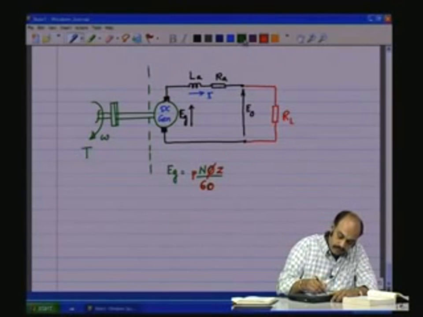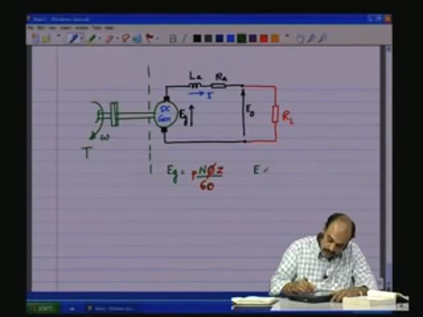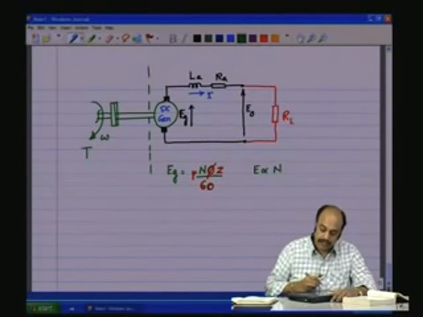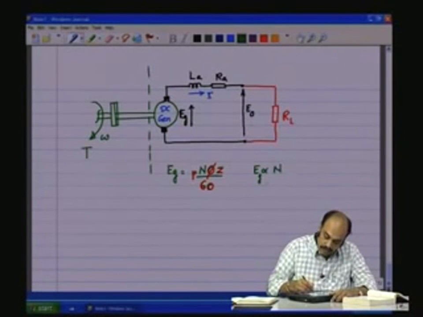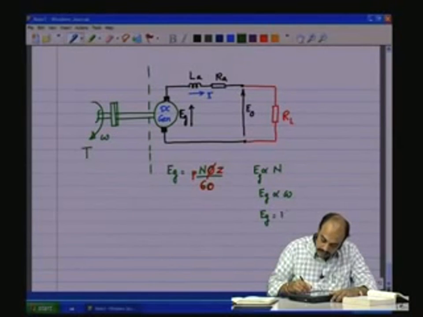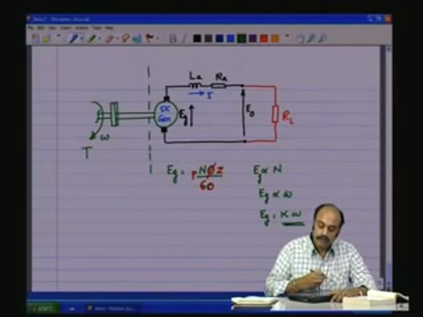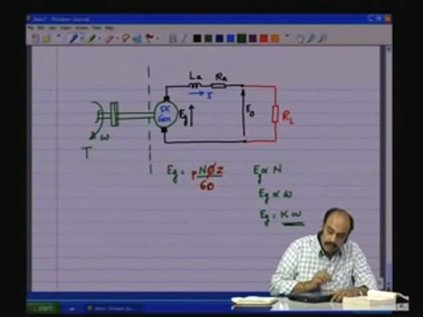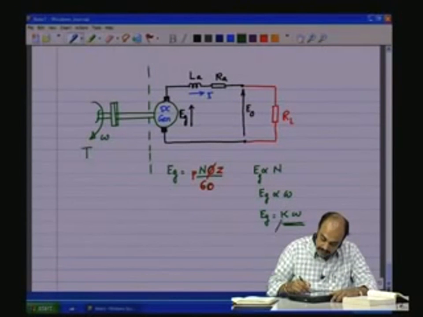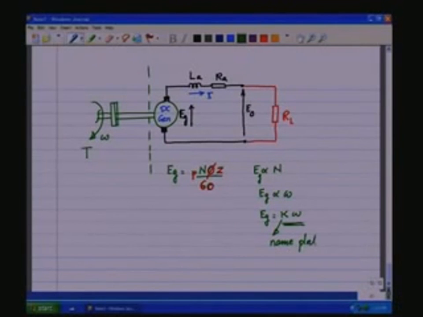So, therefore, E g is proportional to the speed of rotation n, or E g is proportional to omega in radians per second, or E g is equal to some k into omega. So, the generated EMF is proportional to omega here, and the constant of proportionality k is dependent on the machine. This is sometimes provided as a nameplate value.